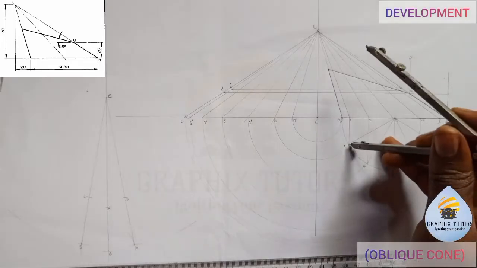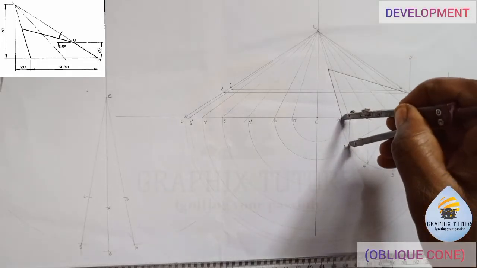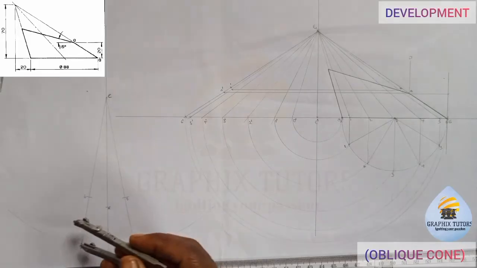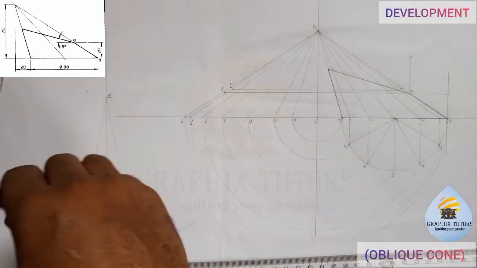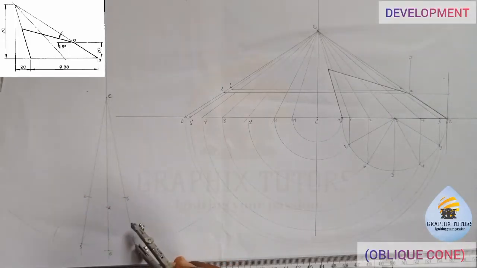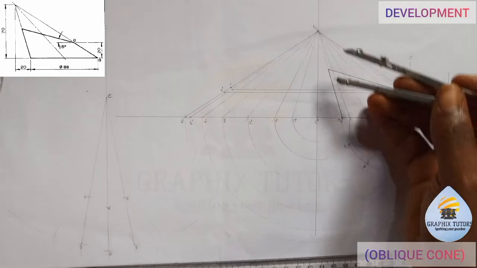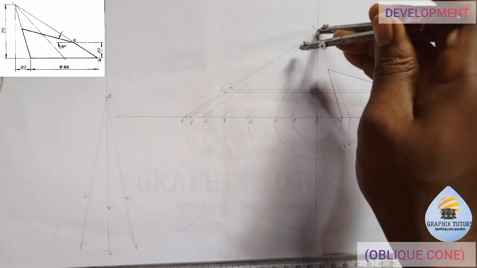And also, I'll do the same thing again like I did earlier. Take the measurement of 1 and A or 1 and 0. I'll come to 5. I'll strike an arc towards the left. I'll come again, strike another arc towards the right. You can see that. Then I'll move from C to 4.